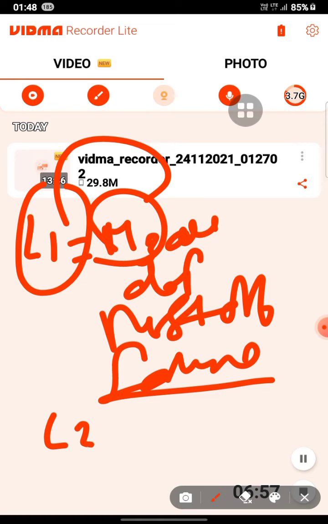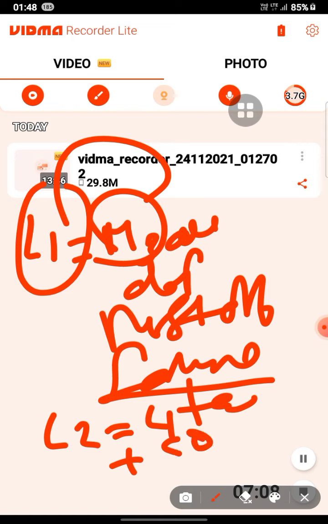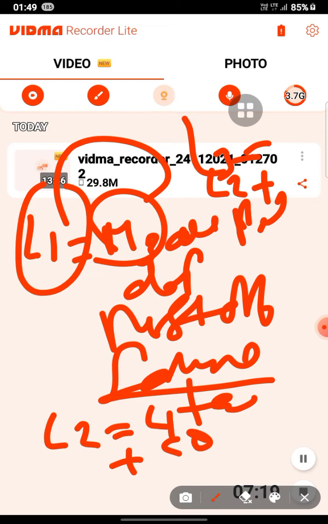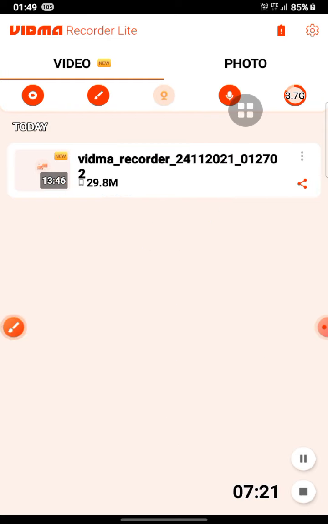Then L2 equals L1 plus term deposits with financial institutions plus CDs issued by financial institutions. And L3, what is L3? L3 equals L2 plus public deposits.